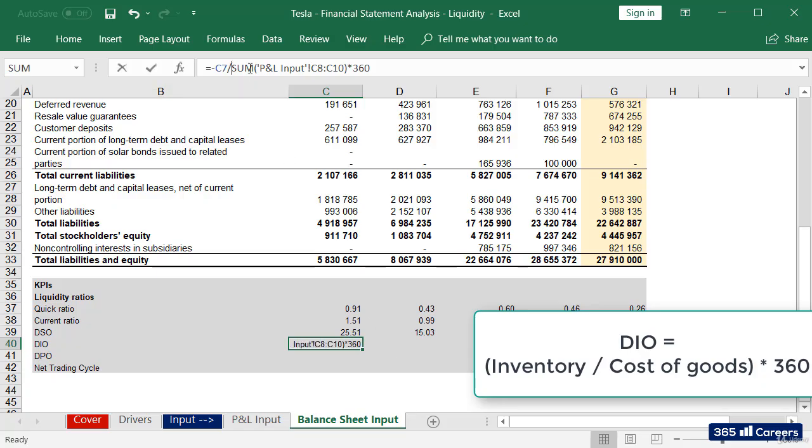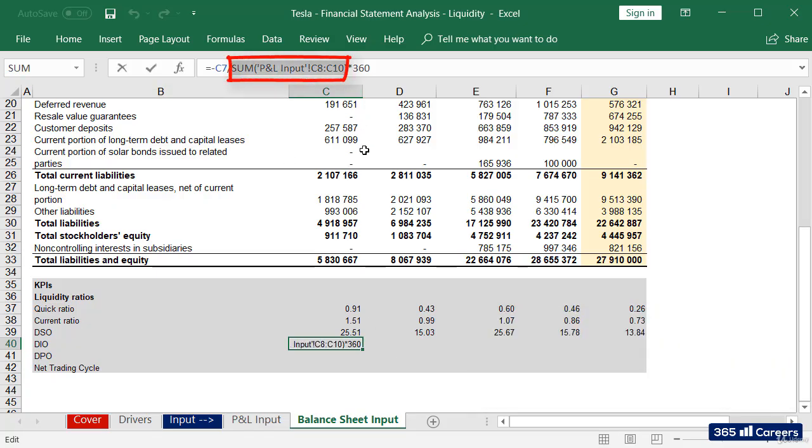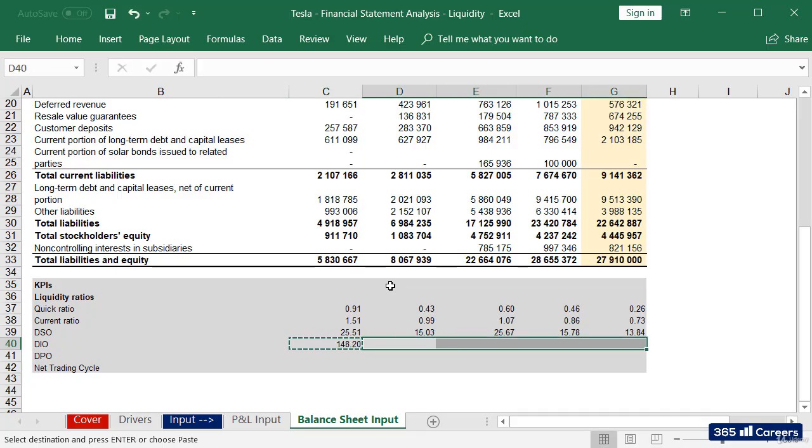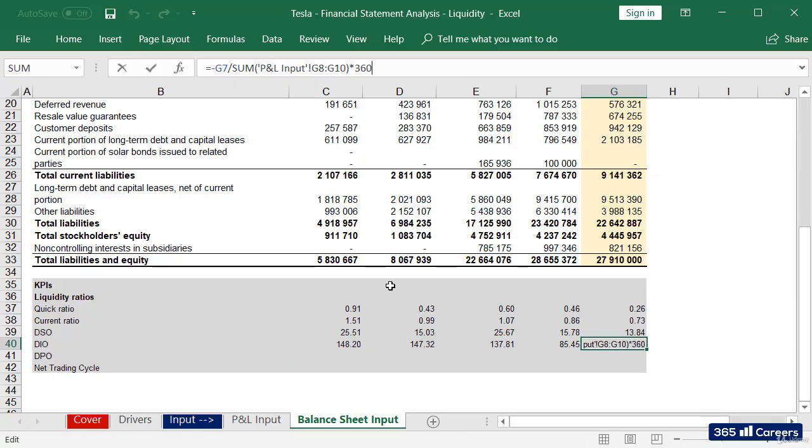We use COGS instead. This makes sense because DSO gives us information about the average number of days we wait for clients to pay for sales. Given that DIO is about inventory, it'll make more sense to divide by COGS, the cost at which goods are kept in our warehouse. Okay, great.